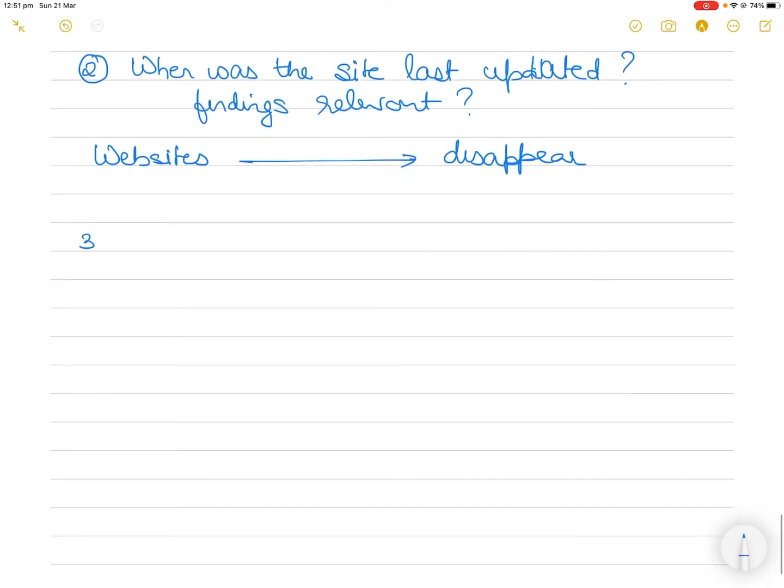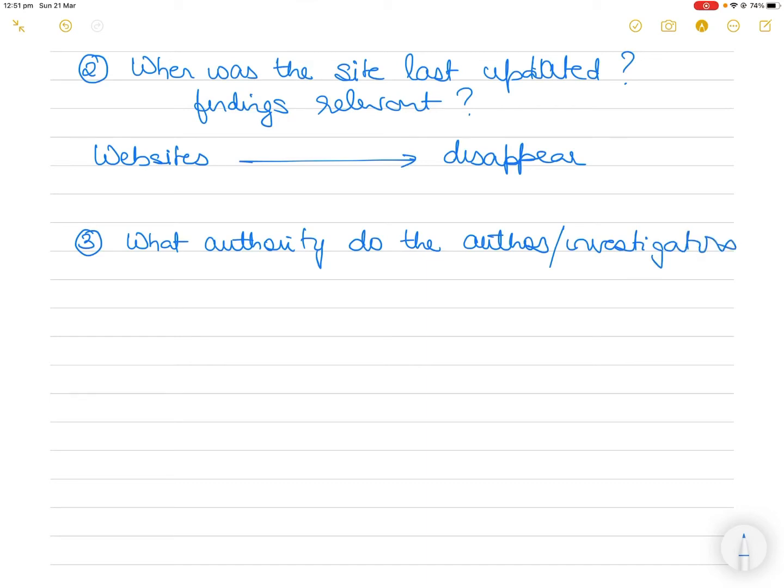All right, and the third judging criterion is, what authority do the authors or the investigators have to do the study? Are they scientists, researchers, or are they just writing blogs?